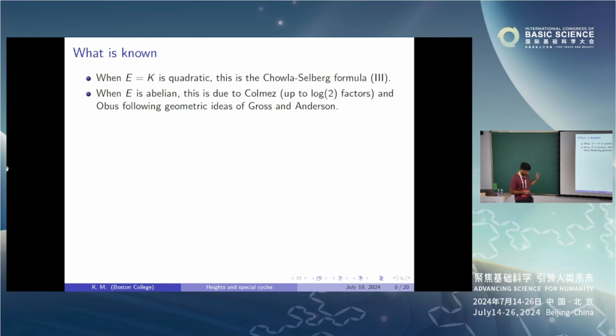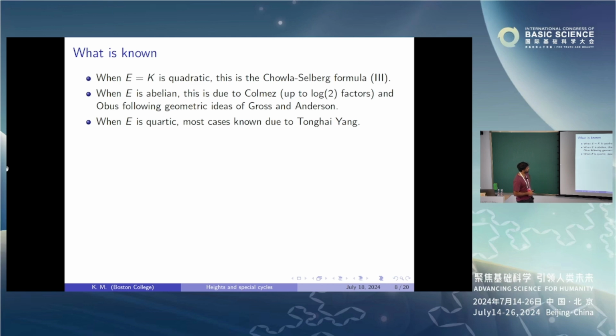So Gross reproved the Chowla-Selberg formula using geometric ideas, and the same ideas were used here, essentially. And so the thing that's most relevant to this talk actually is, there was an idea of Tonghai Yang that he used to prove the conjecture, and I'll say a bit more about this as we go forward, when E is quartic.